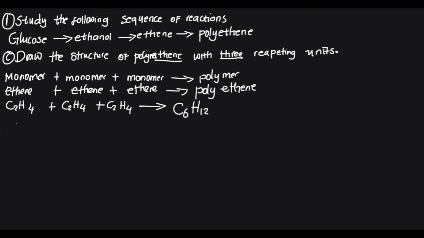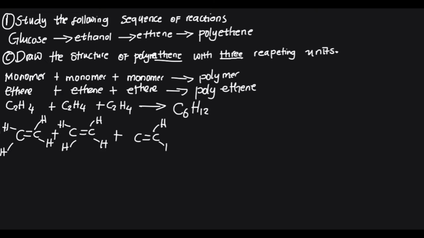From there, we can now look at the structure. Ethene has a double bond, so this is how the structure is drawn, plus another ethene, then plus another ethene. Now after polymerization, you need to know that the double bond should break into single bonds.